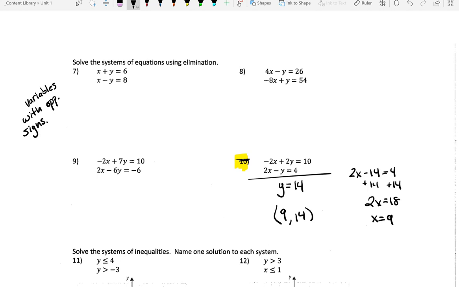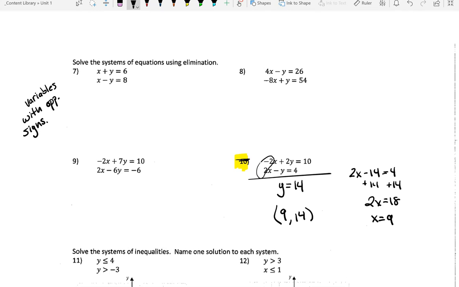So again, boys and girls, the goal is to get one variable that has opposite signs and the same number. I don't like subtracting, even though you can. You could subtract equations if you like. I always like to add them together. And so in order to do that, you have to make sure you have opposite signs. So you might have to multiply by a negative to get it to look the way you want.